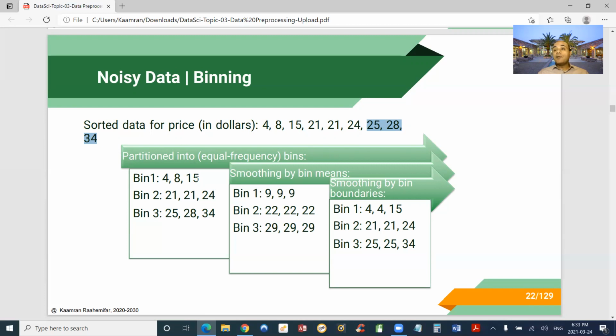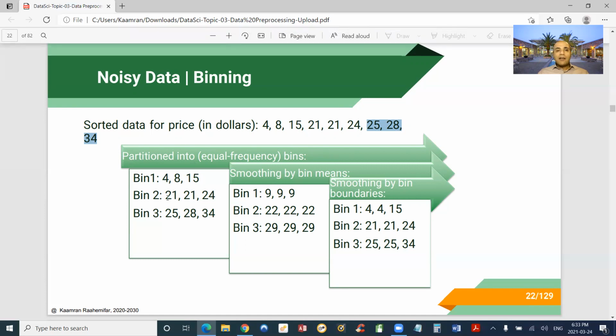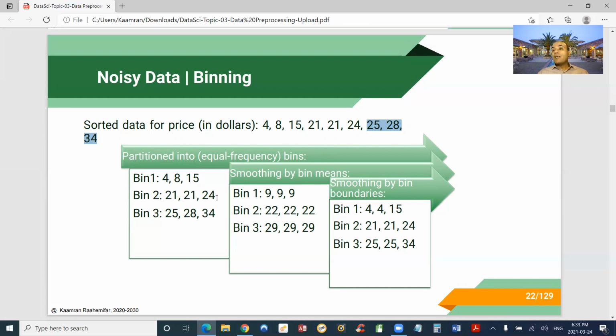You have 3 numbers, 27 divided by 3, that's going to be 9. Similarly, 21 plus 21 would be 42, plus 24 would be 66, divided by 3, that would be 22. And then you get the next one's average, you put them in. You replace all 3 numbers without an exception with the average value. This is going to smooth it, of course.